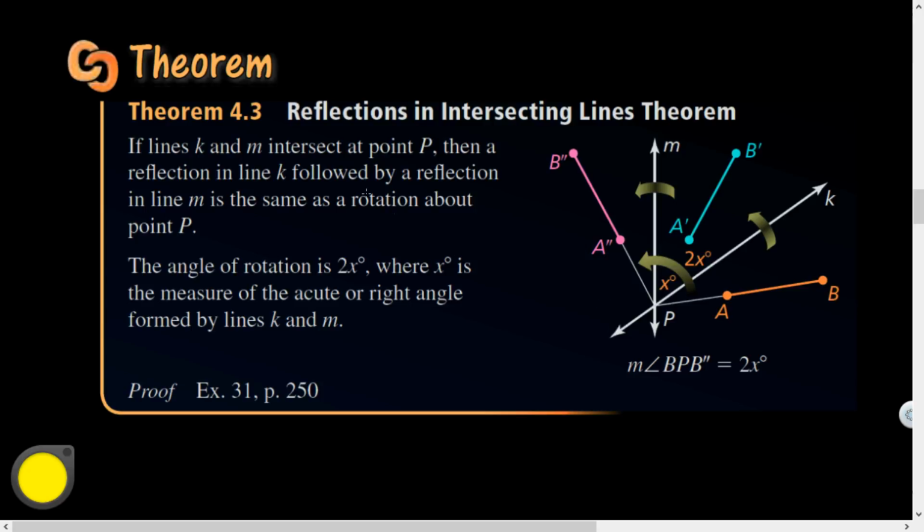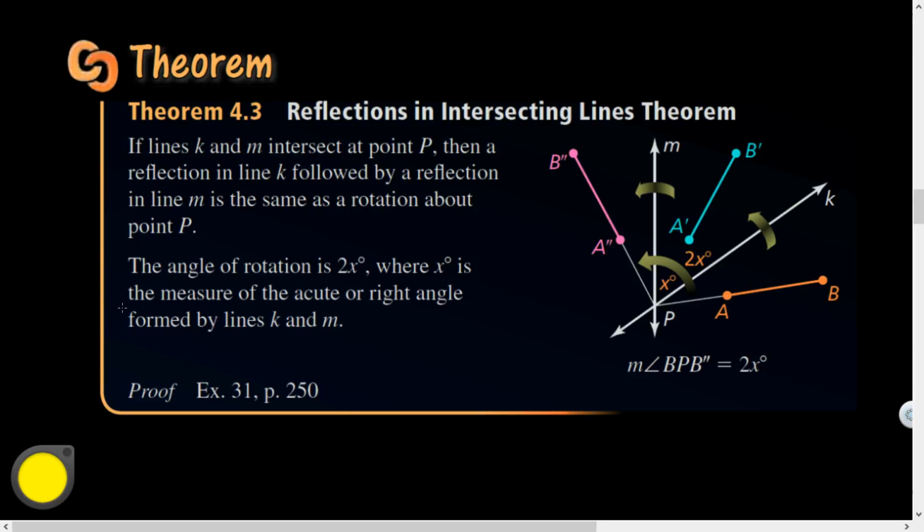So look at this. Here's a double reflection of non-parallel lines. They say then the following thing is true: double reflection of non-parallel lines is the same as a rotation. I could have rotated these or double reflected them.